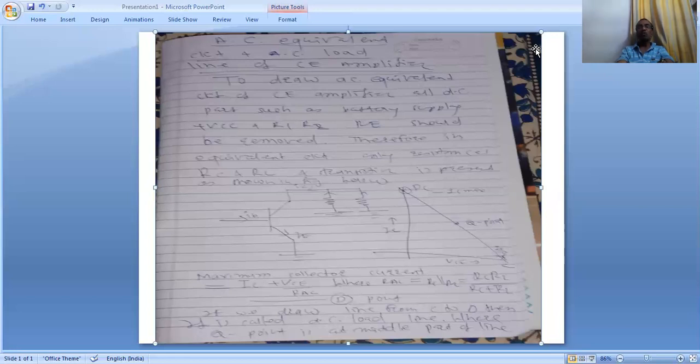That middle point is called the quiescent point or Q point of the load line. The stability of the common emitter transistor amplifier is at and near the Q point. That is, stability is not at point C or at point D.